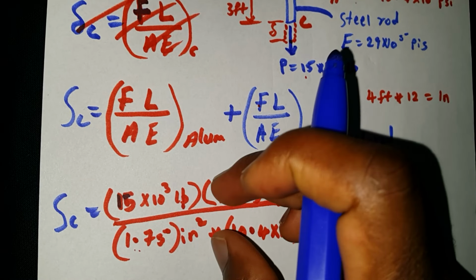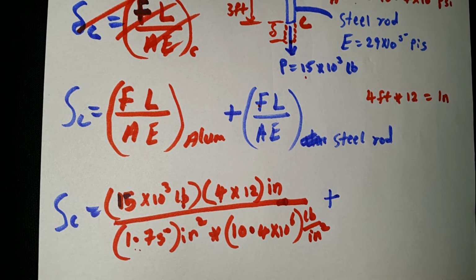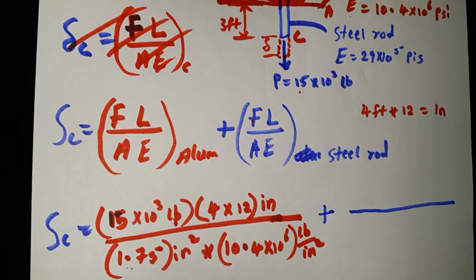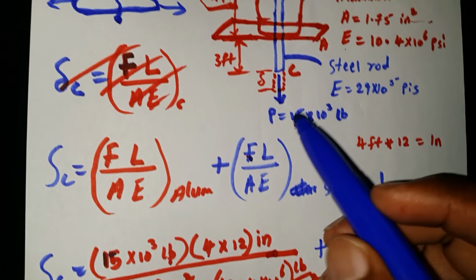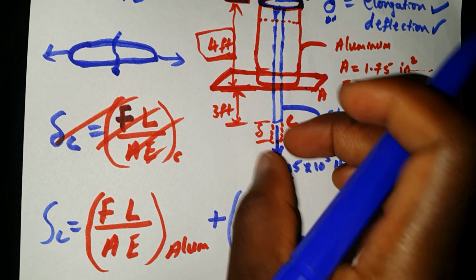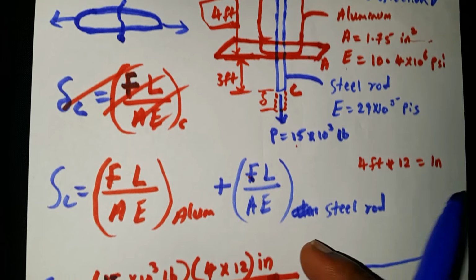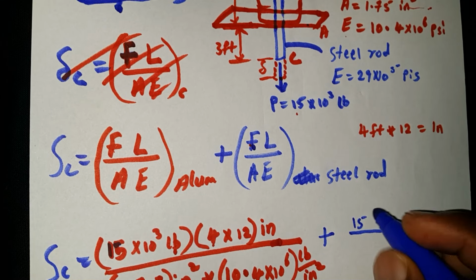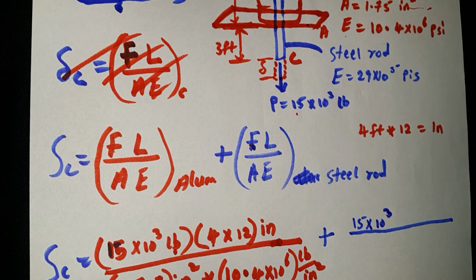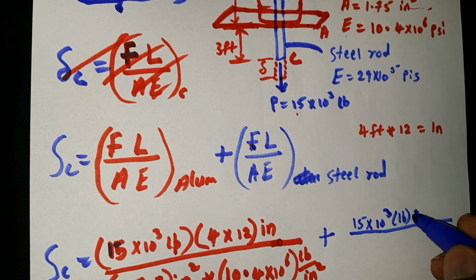So what we did here, we have to do here as well. Here we are using the same force that compresses this and extends this. One force is applied. So we are using the same force, 15 times 10 to the 3 lb, multiplied by length.